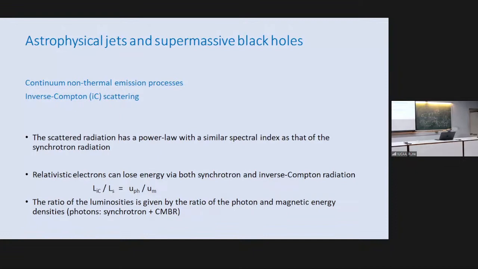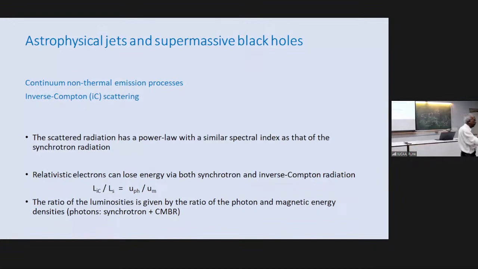It depends on the photon energy density relative to the magnetic field energy density, whether the inverse Compton process or the synchrotron process dominates. The magnetic field is what plays a role in synchrotron radiation, right? The synchrotron radiation comes from electrons gyrating in the magnetic field.